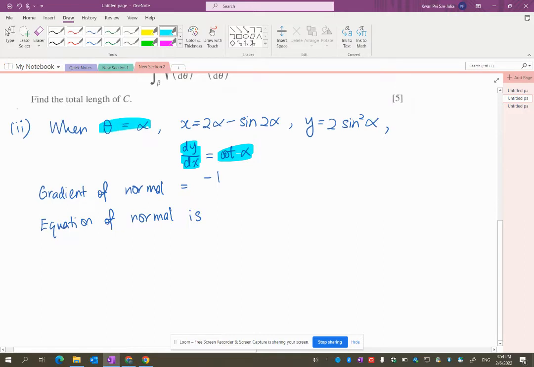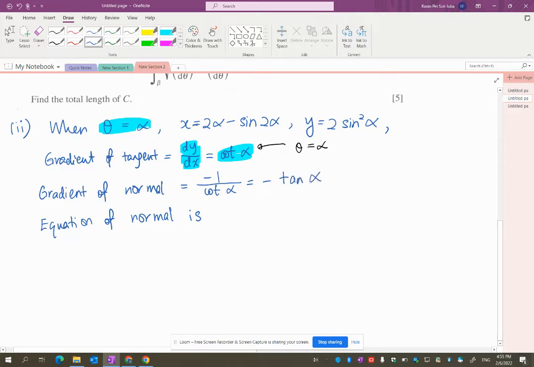So now at this point, theta equals alpha, we substitute theta to be alpha into our expression to find the gradient of the tangent. So the gradient of the normal at theta equals alpha will be minus 1 over cotangent alpha, which equals tangent alpha, because cotangent is 1 over tangent.